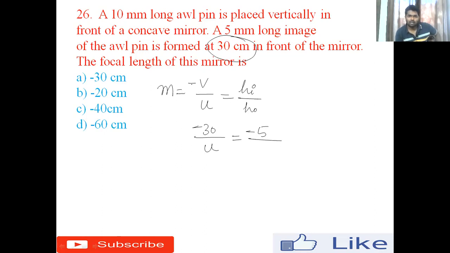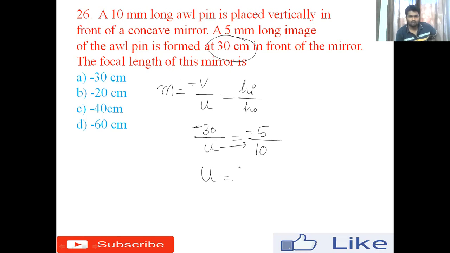Because of the minus, we keep the same minus here. What about the height of the object? The height of the object, let me take it as 10. Now we have to find U, so we take the cross multiplication.